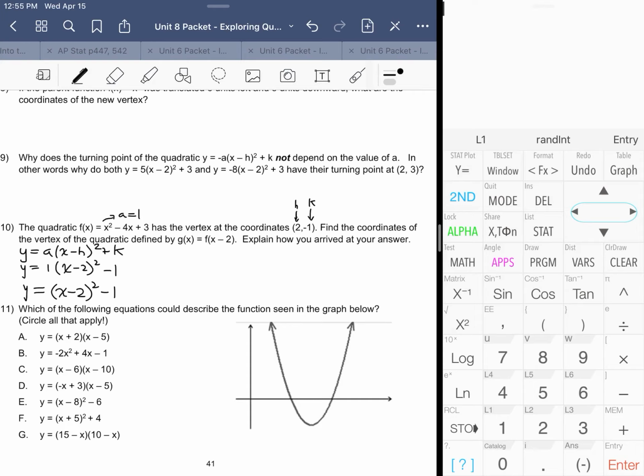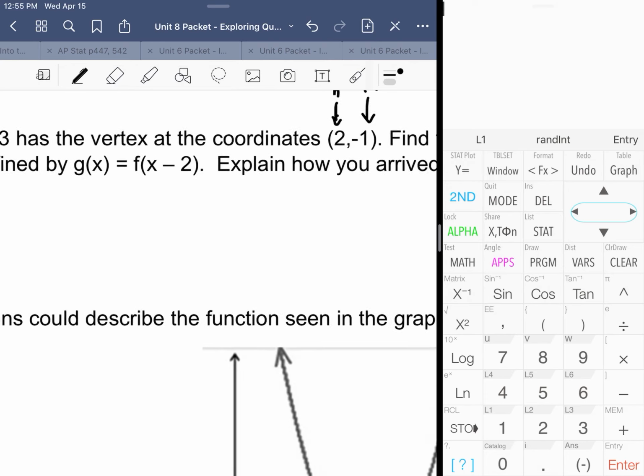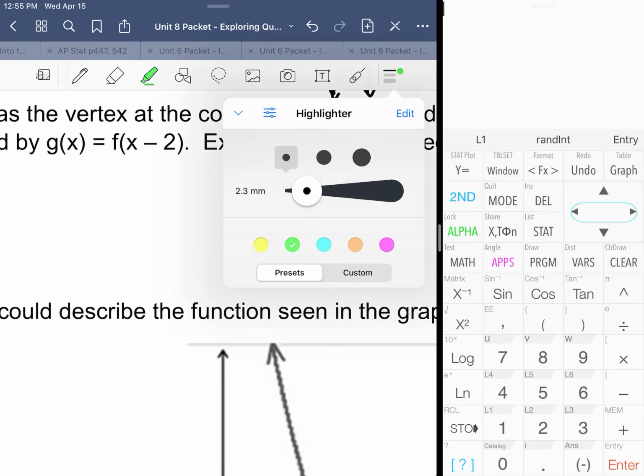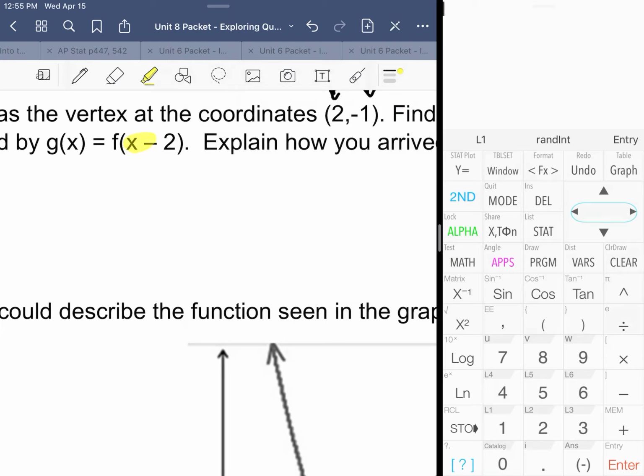All right, so whenever you're evaluating a function, you're replacing the variable in that function with whatever the new expression is. So when I say g of x is equal to f of x minus 2, it's telling me take my original function, y is equal to x minus 2 squared minus 1.